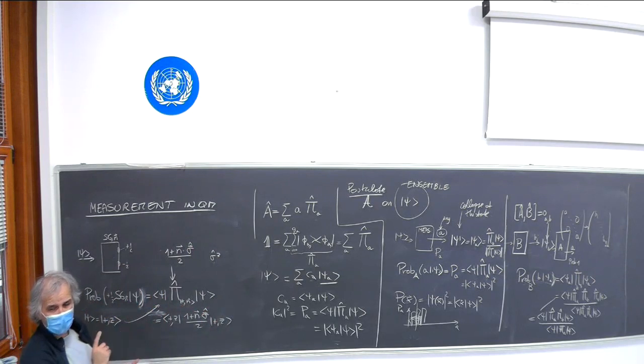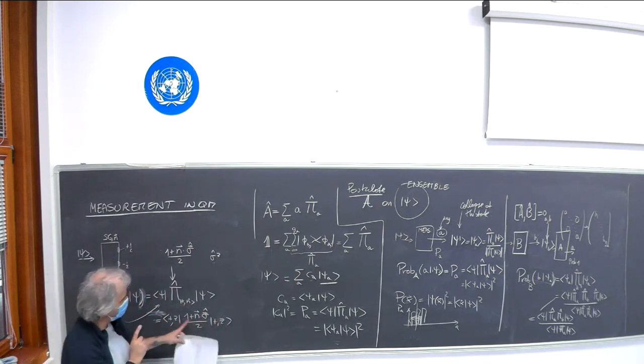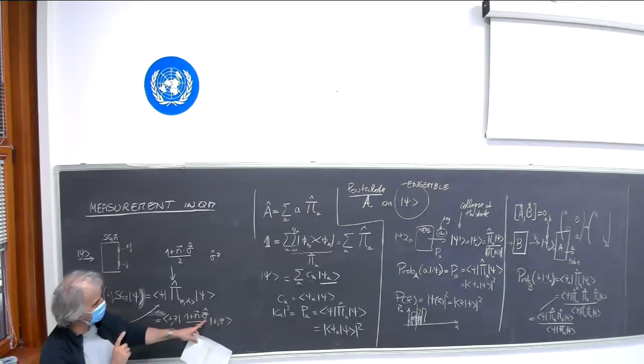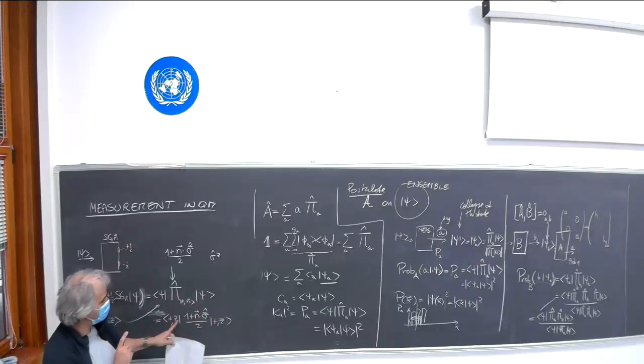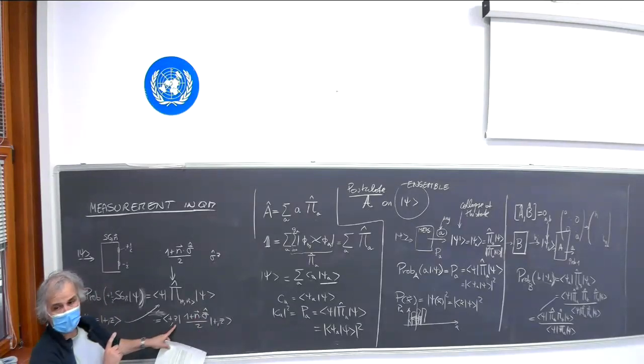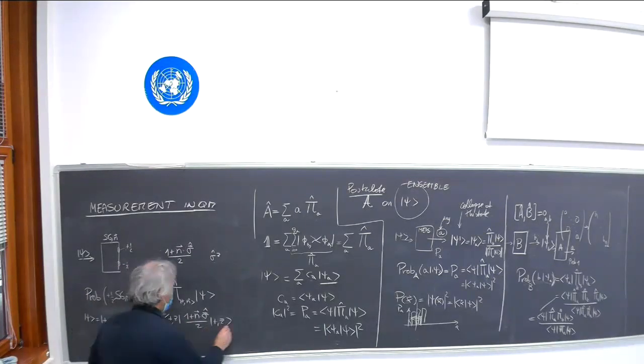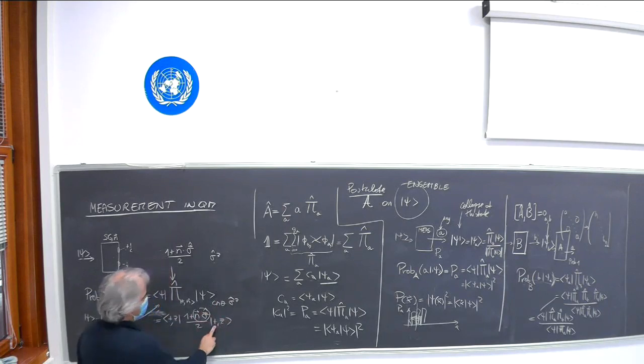So what do you think would survive of the three components in this expectation value? The sigma Z only. So you can rewrite this object as cos theta times sigma Z, but the eigenvalue here is plus.